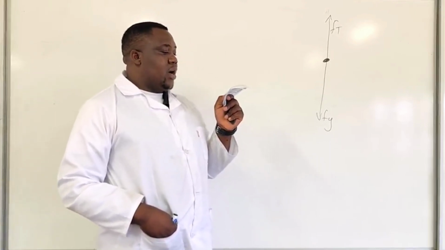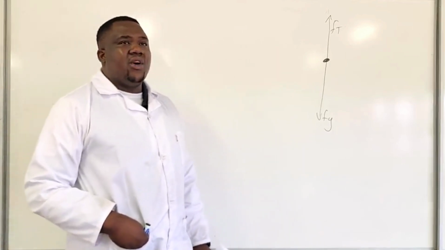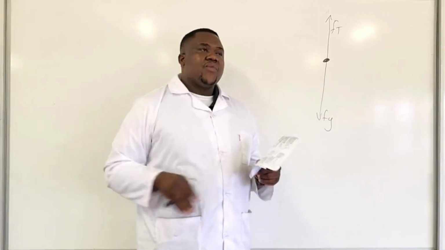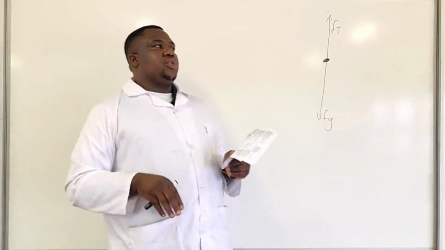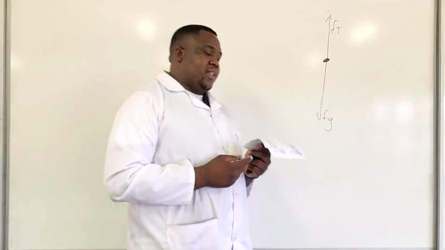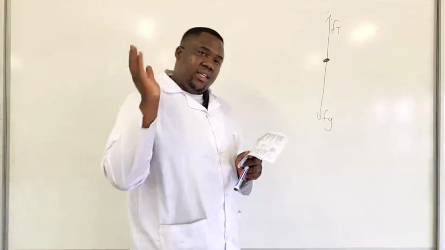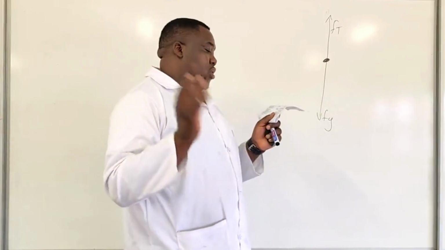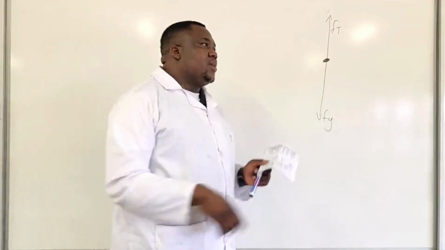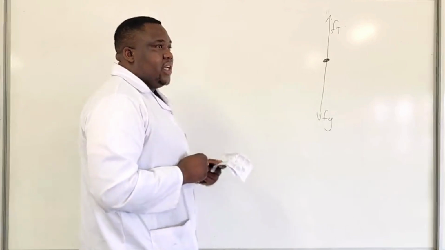Acceleration of the system is 1.32 meters per second squared. The system they are referring to is everything, all blocks. So the acceleration of the 8 kg and the acceleration of the 2 kg are the same, 1.32 meters per second squared, because that is the system. System is everything.